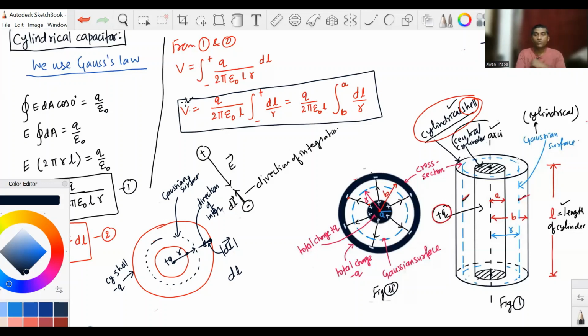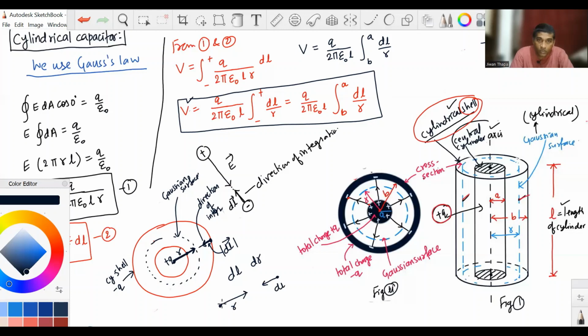We can write V equals Q by 2 pi epsilon naught L times the integral, with lower limit b and upper limit a, of dl by R. So we have to express dl in terms of dr because R is directed outward and dl is directed inward.